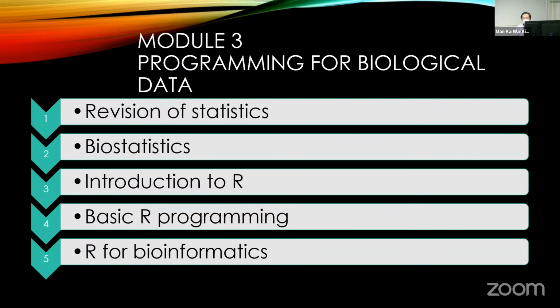The next step is the last topic. It's a large topic, R for bioinformatics. Here we will introduce commonly used R packages and the websites where you can find existing R packages, like CRAN or another platform, Bioconductor.